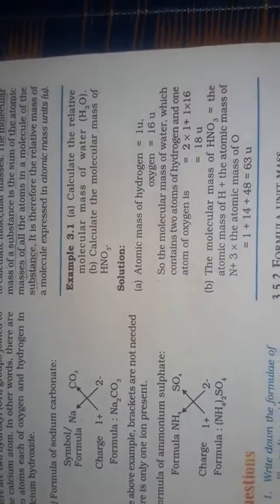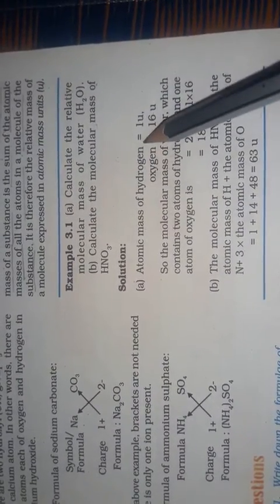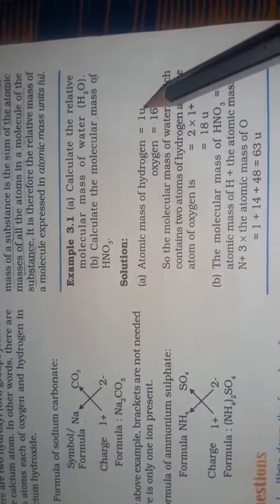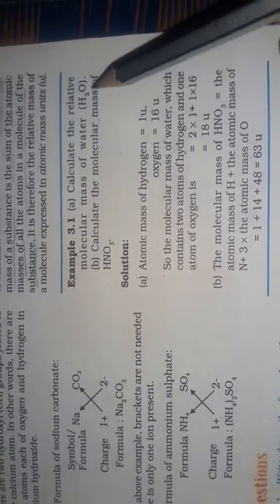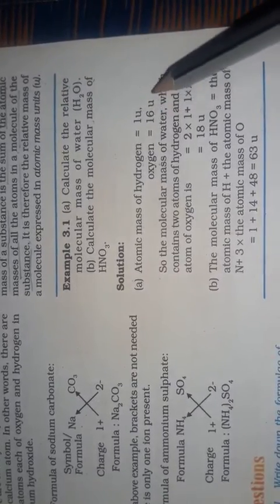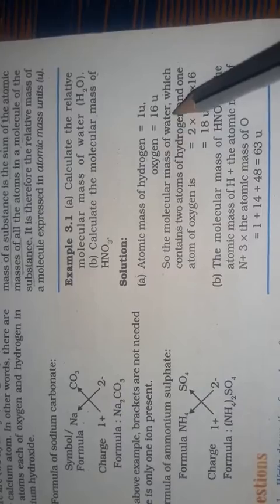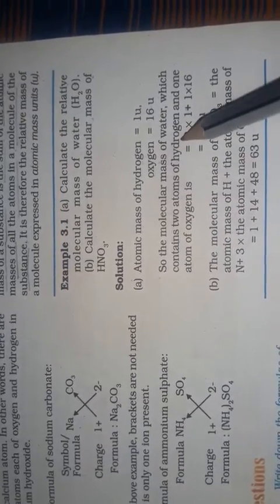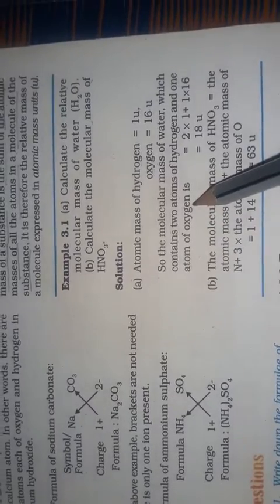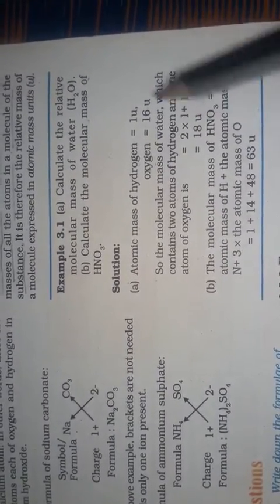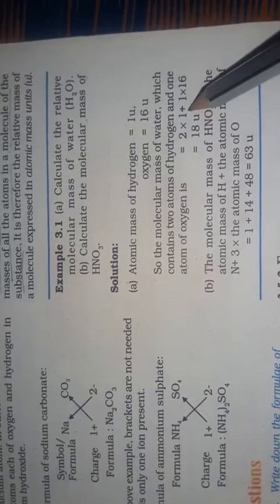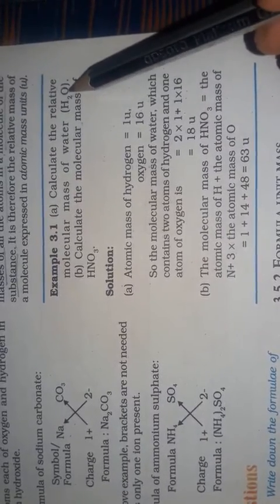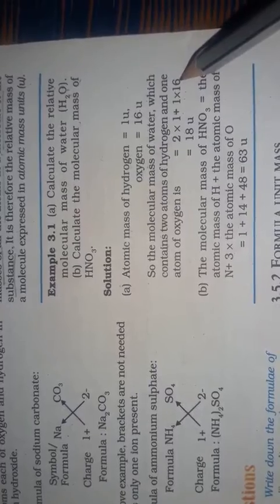The atomic mass of hydrogen is 1 U, and the mass is represented with the symbol U. Oxygen is 16 U. So the molecular mass of water, which contains 2 atoms of hydrogen and 1 atom of oxygen: 2 into 1, meaning 2 atoms of hydrogen in this molecule multiplied by its atomic mass, plus 1 into 16, since 1 oxygen is present and its atomic mass is 16.